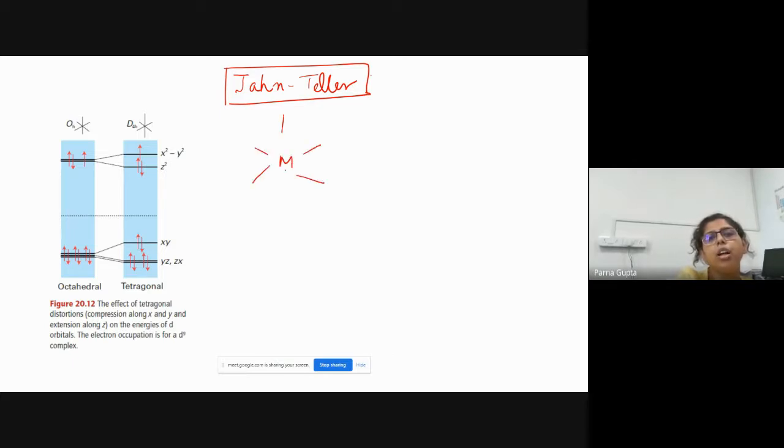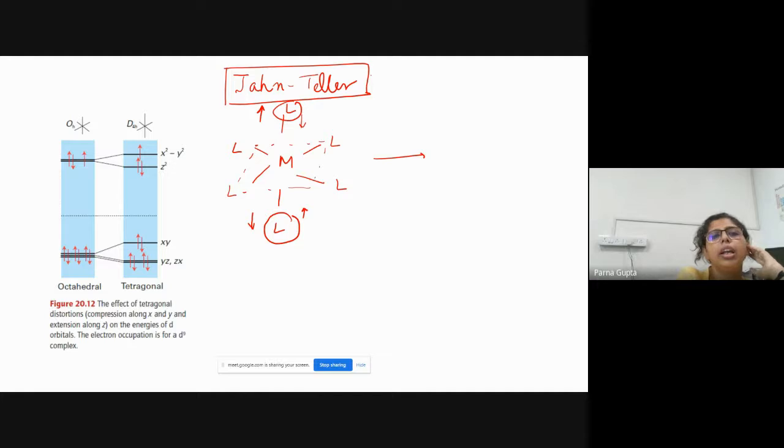We have learned, when working with square planar, from octahedral to square planar, how the electronic interaction takes place and overlap and all these things. But if you have an orbital like this, and if this is compressed a little, or if this extends a little, what actually happens?